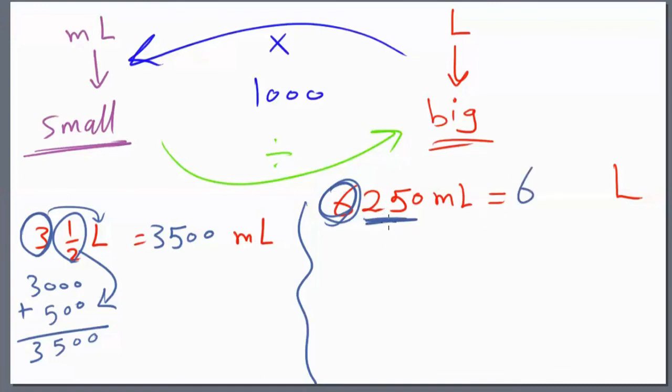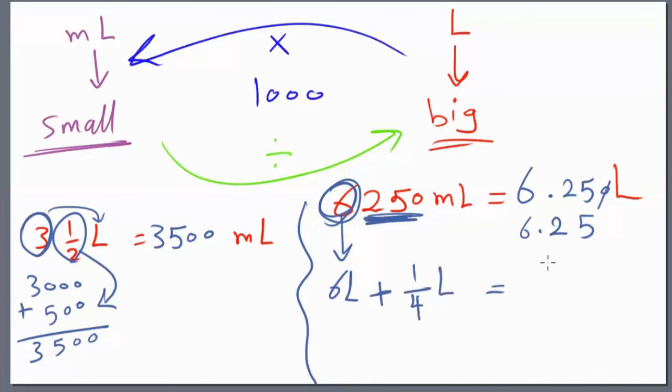So it will be 0.250, and you can remove the 0 here, so it will be 6.25. Or another way to solve this: this is 6 liter plus 250. What is the value of it? From our table, it's a fourth of a liter. So the answer will be 6.25 liter.